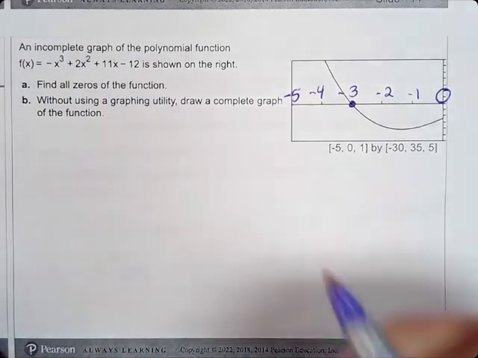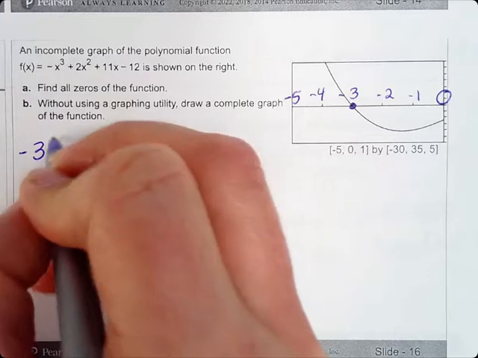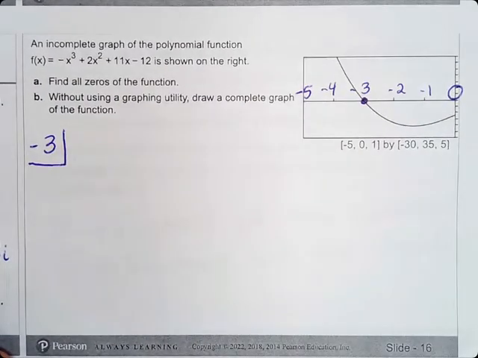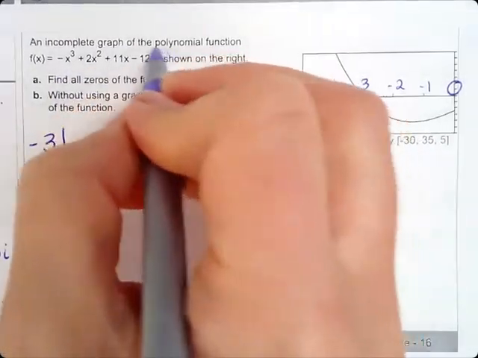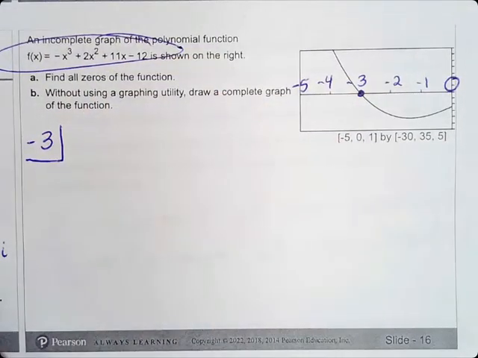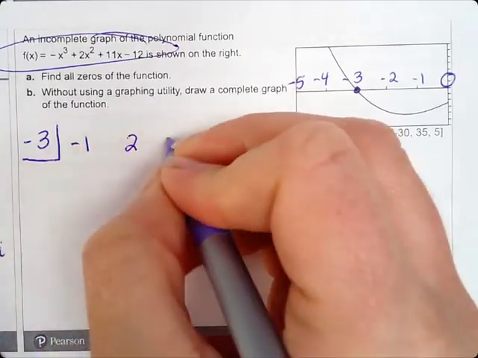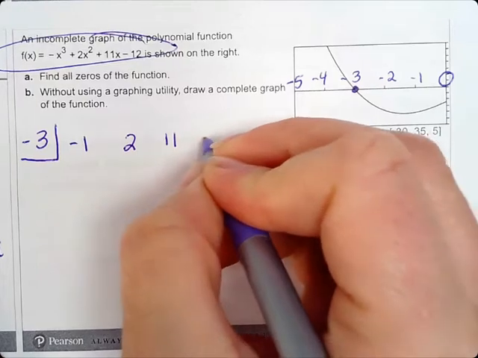So we're going to use that and use synthetic division to find another 0. We're going to keep on factoring it down until we find all the zeros. So we're going to use this because they gave that to us. So we have -1, 2, 11, and -12.